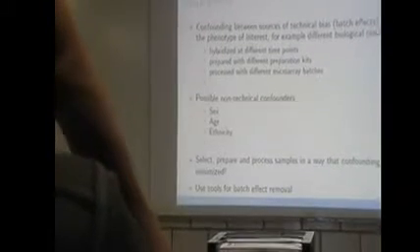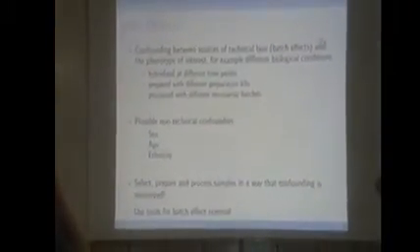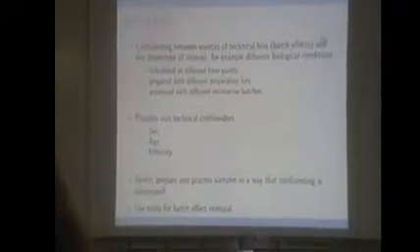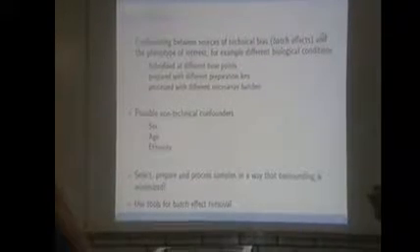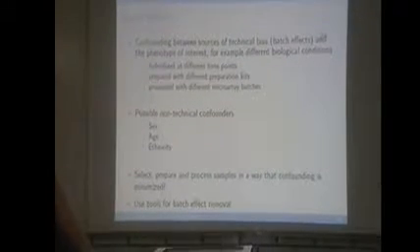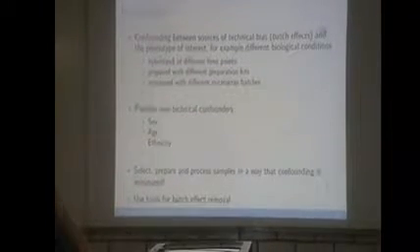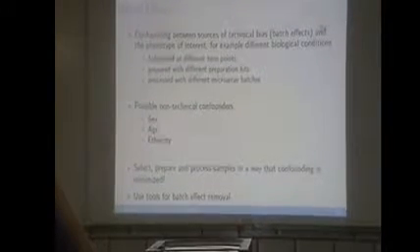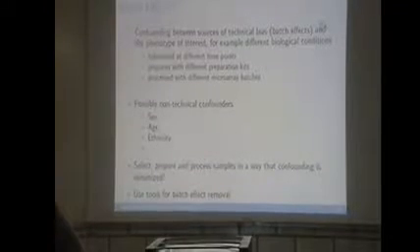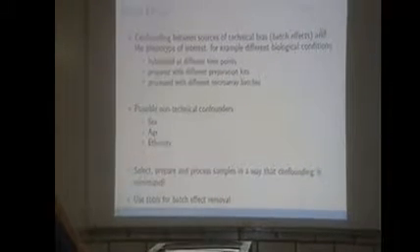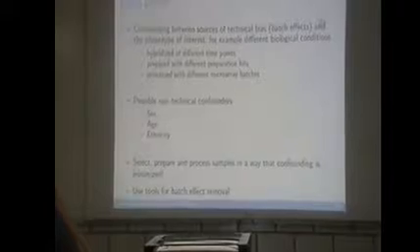But of course, there are also some possible non-technical confounders which could cause batch effects as well. So if you have one data set where you only have males and another data set where you only have females, and one of them is cancerous and the other one is normal, how will you know if it was just sex difference or if it was because of the disease?